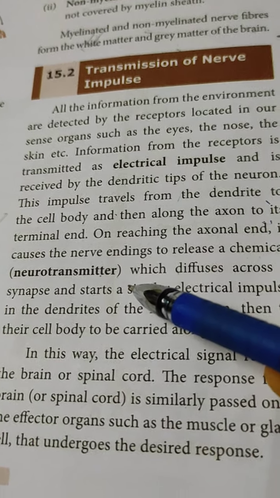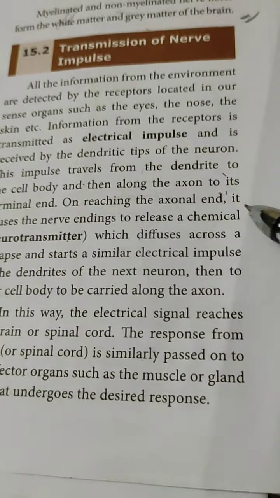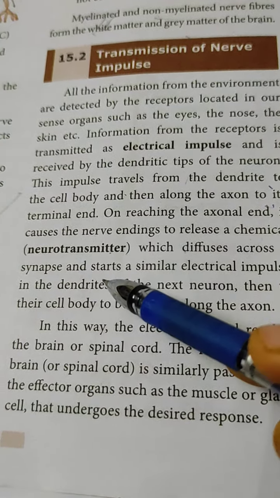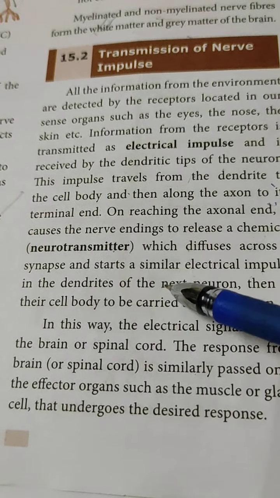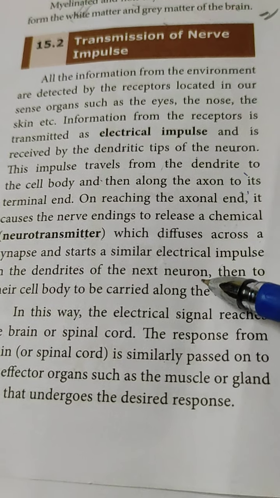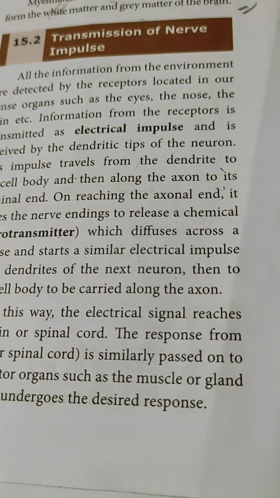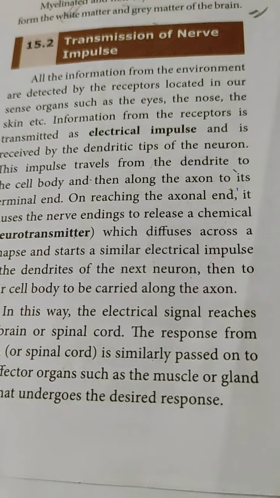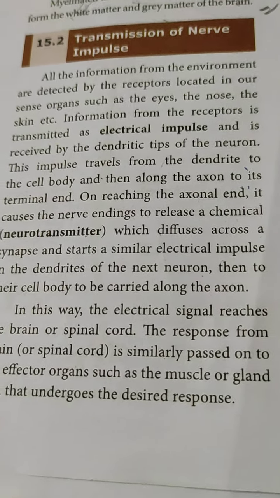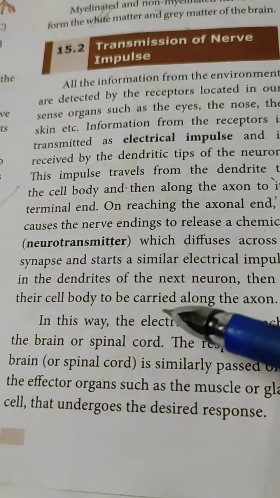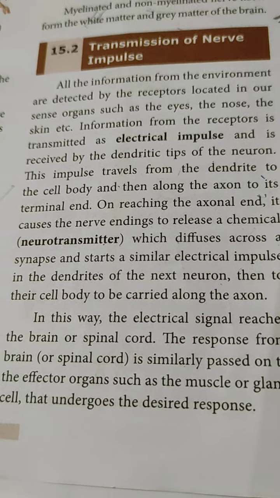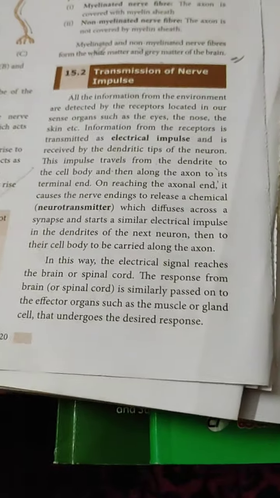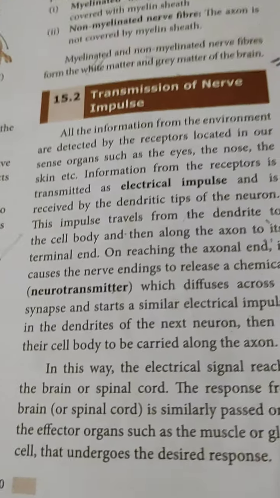What is the name of that chemical? It is called neurotransmitter, which diffuses across the synapse and starts a similar electrical impulse in the dendrites of the next neuron. So this chemical is transmitting the impulse from one neuron to another neuron. Then at their cell body, again it is carried along the axon, so that from one neuron to another neuron, continuously it will be passing through.